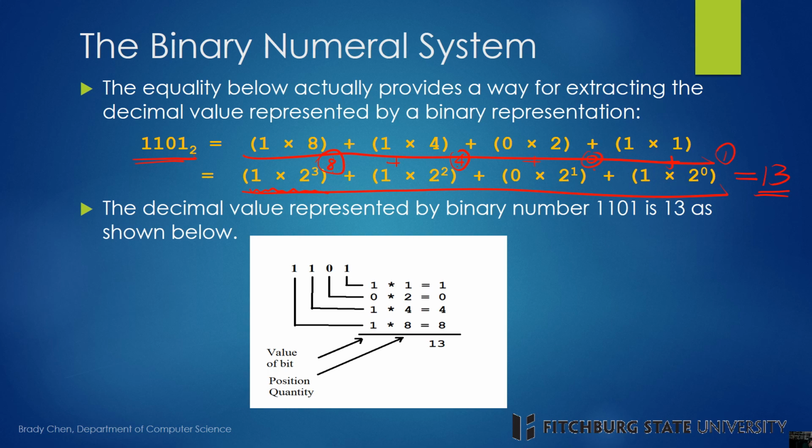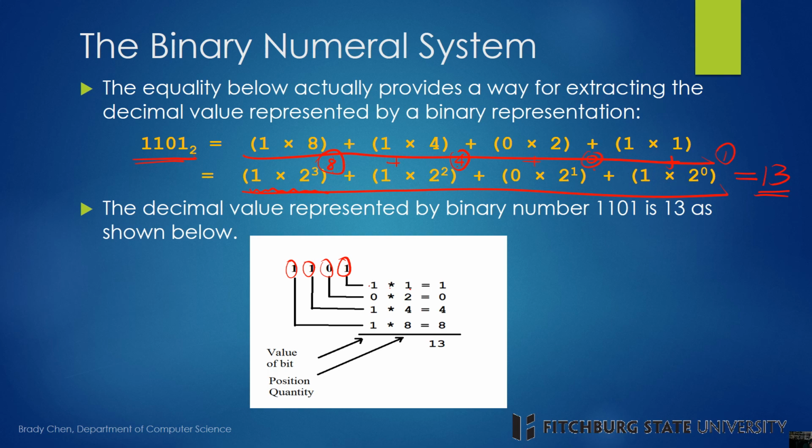Okay, so that's the decimal value for this binary representation. So in this diagram, we just give you some explanation of how we're going to convert this binary number into a decimal value. Okay, so this 1 represents 1's position, that's 2's position, 4th position, and 8th position. So this is 1 times 1 for 1's position.